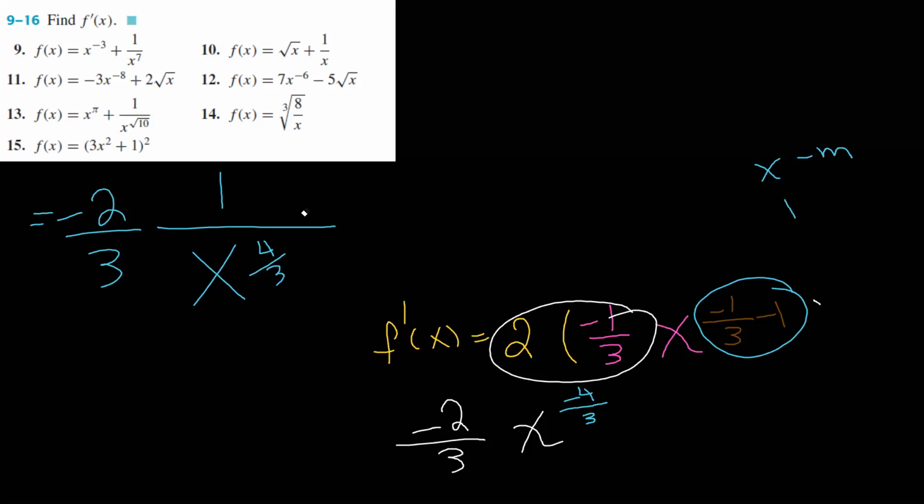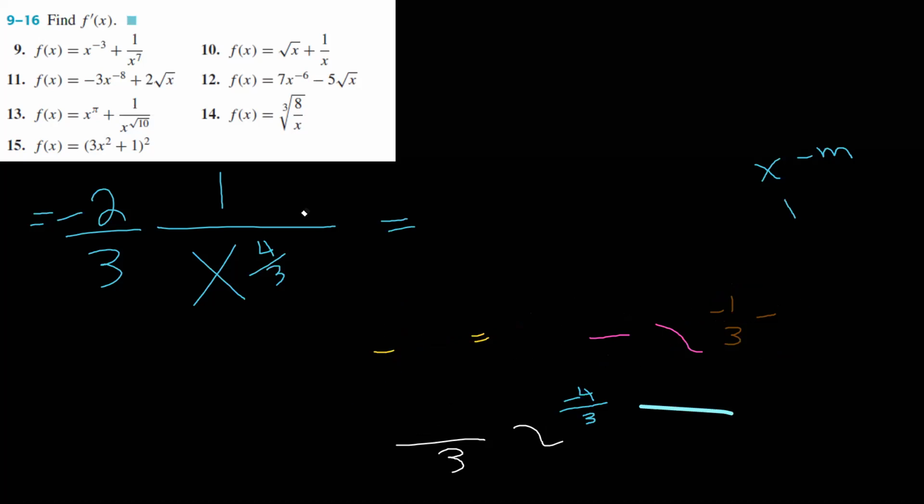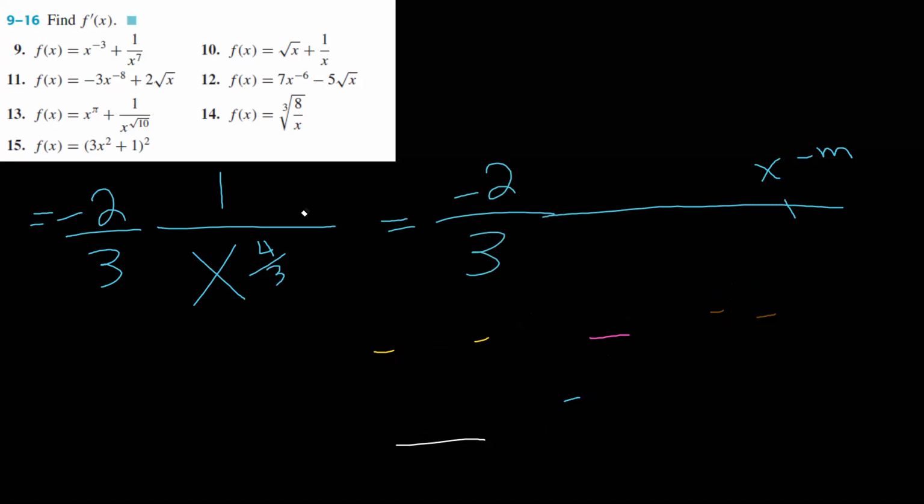Sorry, I forgot it. So it will be 1 over x raised to the power 4 over 3. Then after that, I can write it now as negative 2 over 3, then x raised to the power 4 over 3.